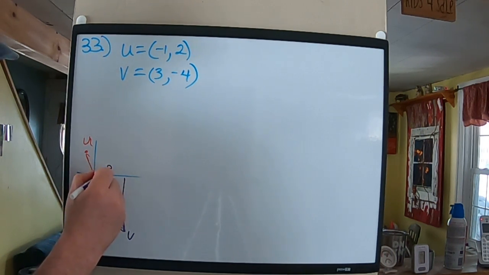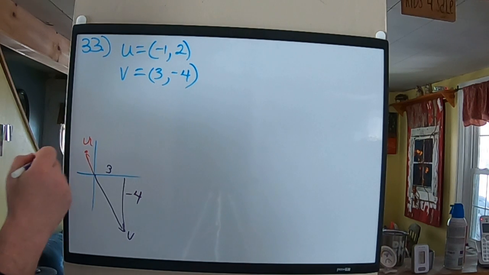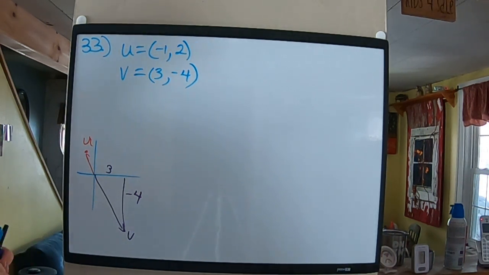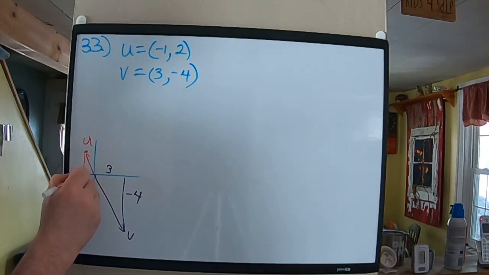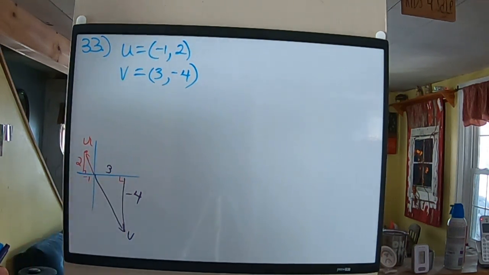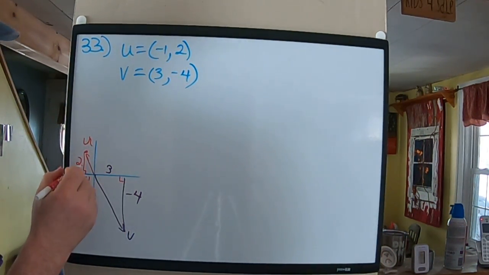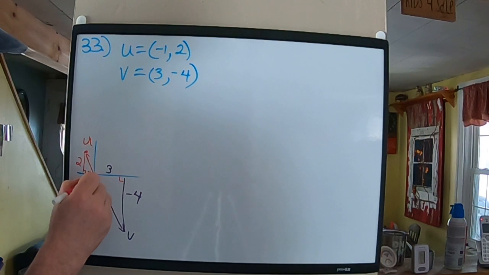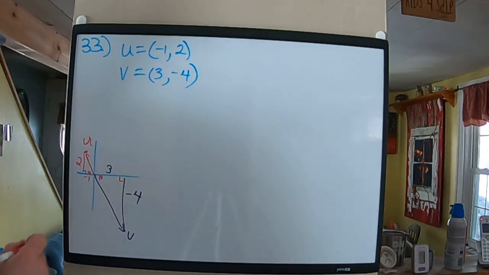So I've got 3, -4 and -1, 2. So my theta, or alpha maybe, is here, and my beta is there.